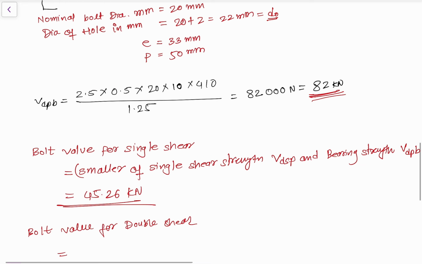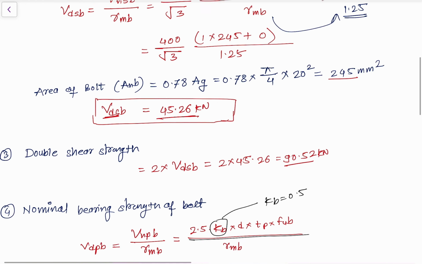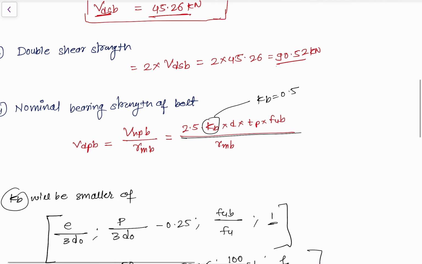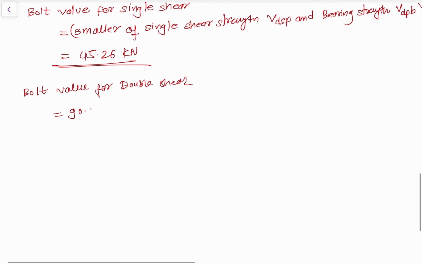VDPB is 82, and the VDSB for double shear was 90.52. Sorry, my bad, the bolt value should be 82 kilonewton. So this is what I am calculating, right?